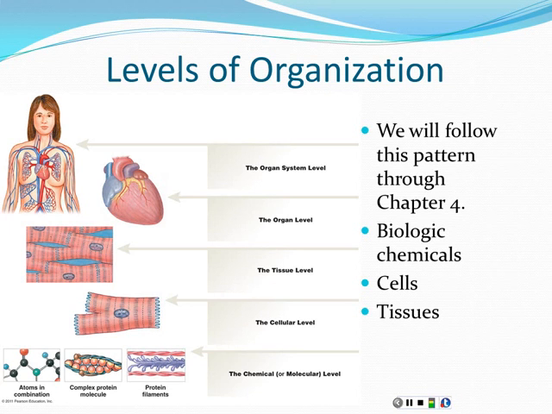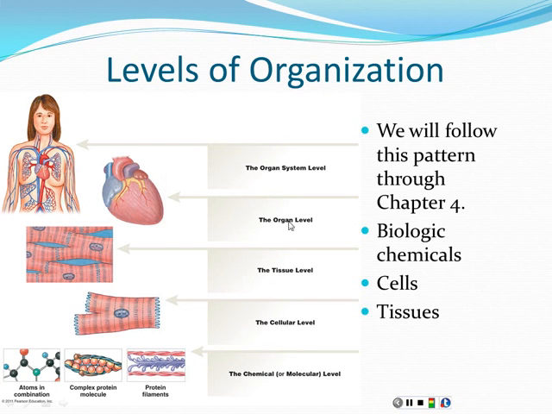Like the kidneys really get rid of waste products. The lungs bring in oxygen and get rid of carbon dioxide. And all of those organs that you've all heard about are formed from different tissues, and those tissues are all formed by cells. So we can build up this level of organization.